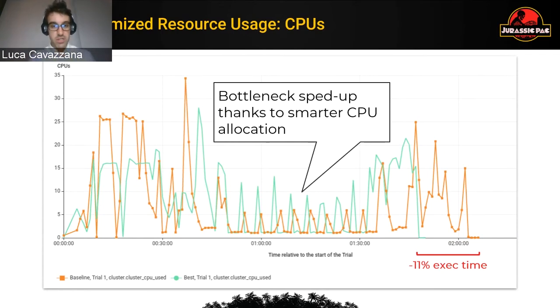This way it was able to slightly speed up this bottleneck, but at the same time having fewer resources, fewer executors.